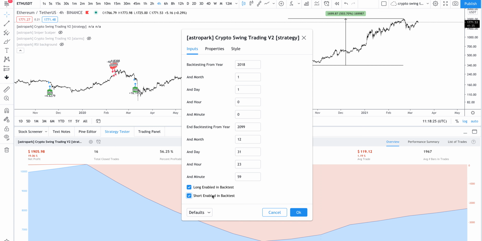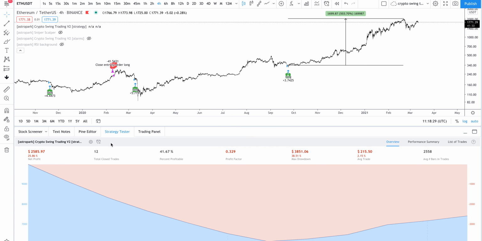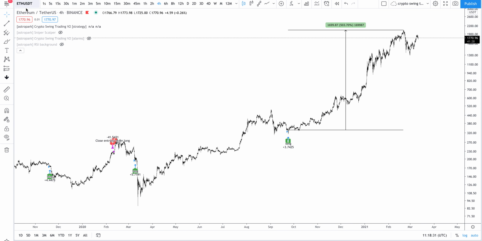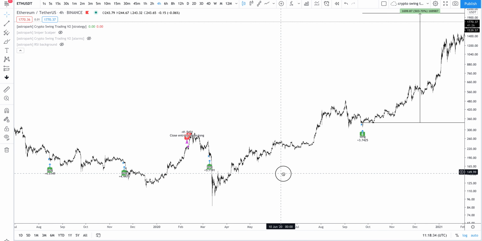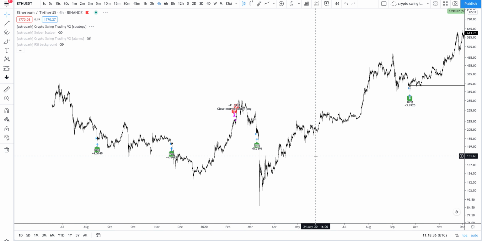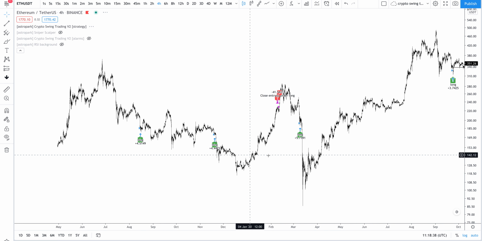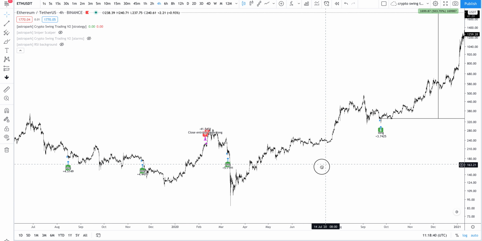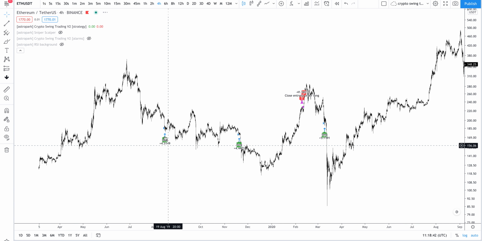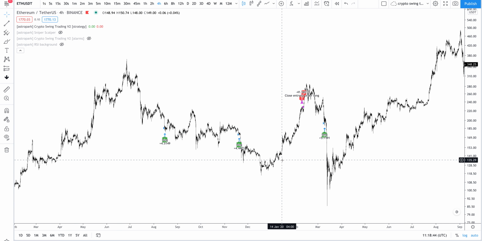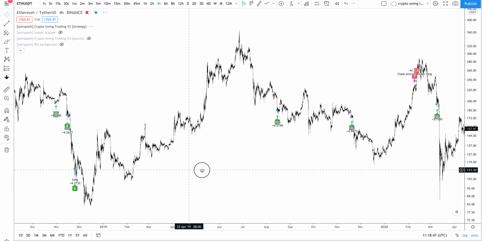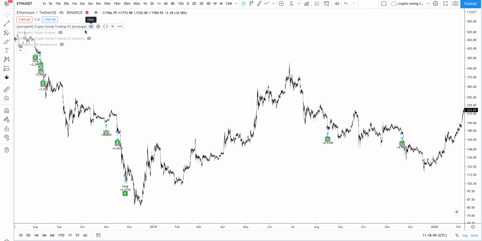Let's include, for example, the short. Okay, in this case, on this exact pair, you are not in profit, but which is fine. But as you can see, you manage to sell in profit. You can manage to sell in profit.